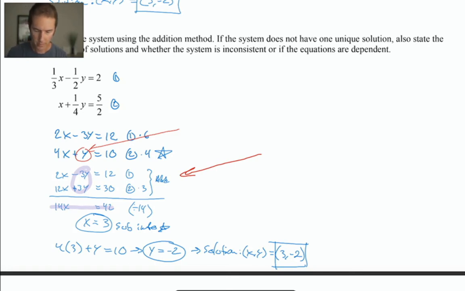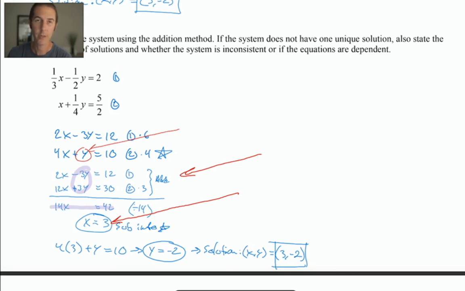Is it possible that solving a system of equations is going to result in something right here that says 3 equals 3? Probably not, because I always set things up so I've got all my variables on the left and my constant values on the right hand side of the equal sign. So we're not going to end up with something like 5 equals 3. But what you could end up with is, if everything on the left-hand side cancels out, a 0 on the left-hand side and a 3 on the right-hand side.